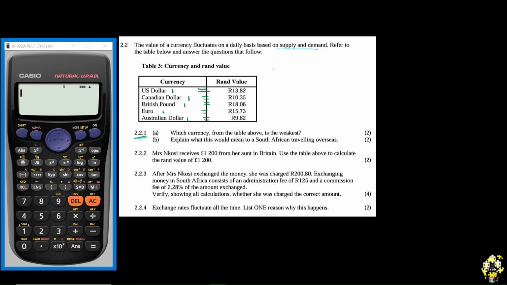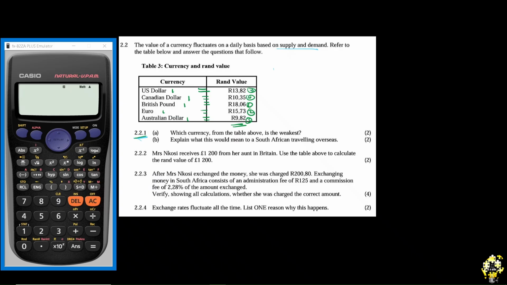Okay, this is the strongest of them all. Let's put it number 1. This is the second strongest, number 2. Third strongest, number 3. Fourth strongest, number 4. Fifth strongest. So this is our currency which is the weakest, because you need 18, very strong. 15, strong.